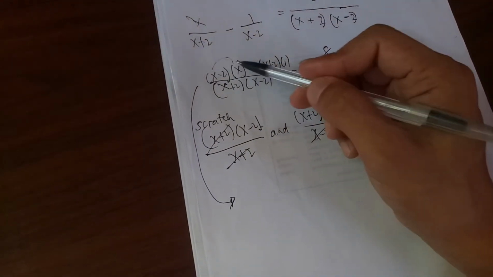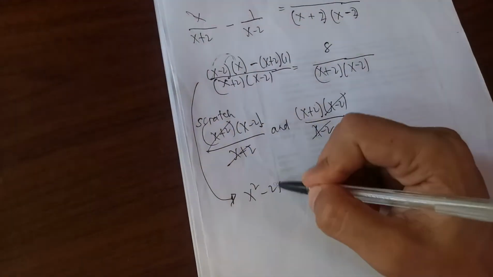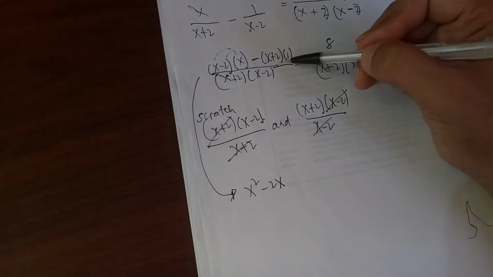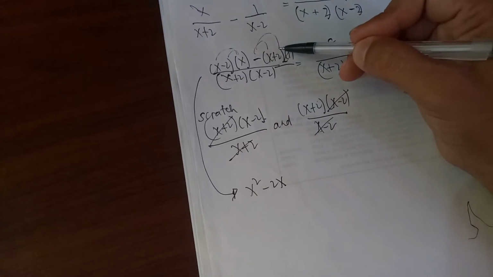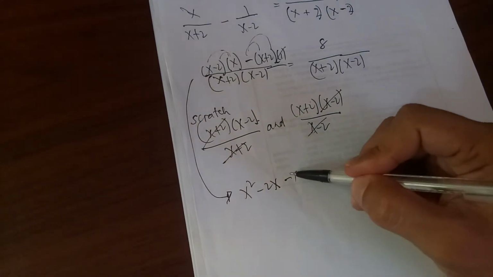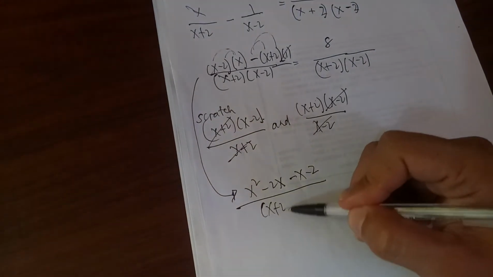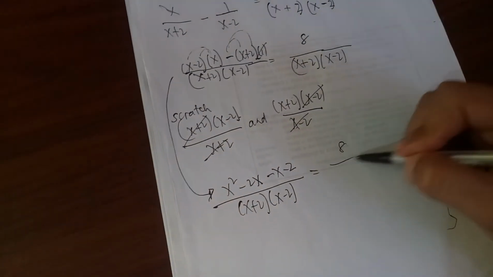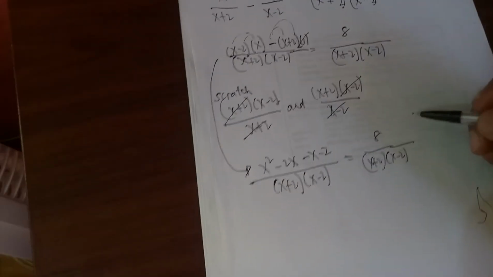So, x times x and x times negative 2, that is x squared minus 2x. So, we can cancel 1. Negative times x, and negative 2. So, negative x and negative 2 over x plus 2 times x minus 2 is equal to 8 all over x plus 2 times x minus 2.